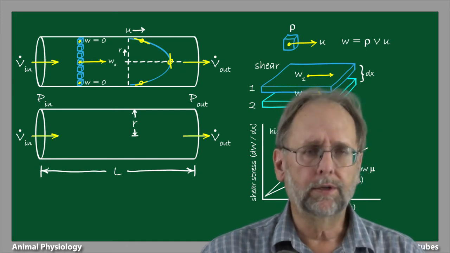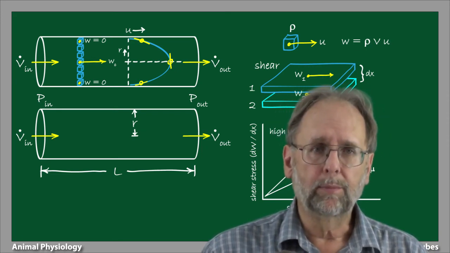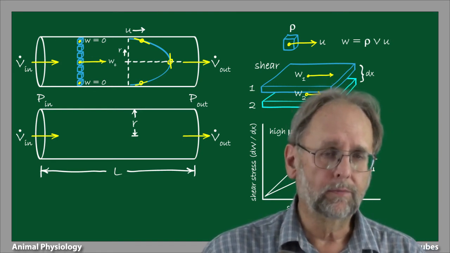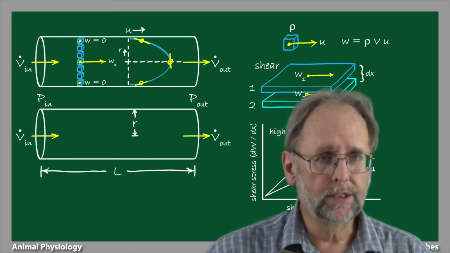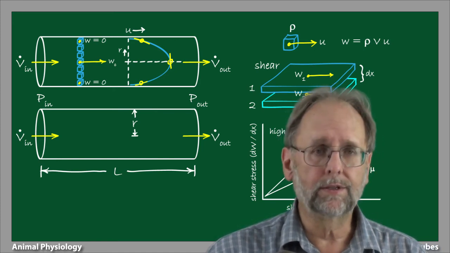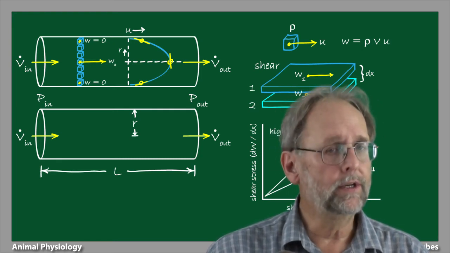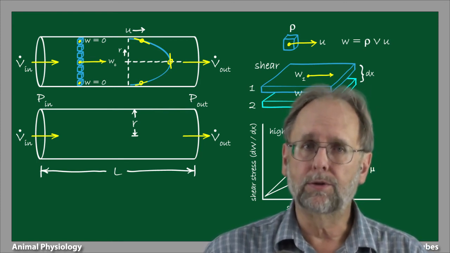We know that the pressure in the pipe will diminish as fluid flows along the pipe, and at the point where the fluid leaves the pipe, the pressure will be P sub out. We know that pressure must diminish because there's a transfer of momentum from the fluid to the vessel. Loss of momentum means loss of the potential energy that can drive fluid flow. This loss of energy is reflected in the drop of pressure.